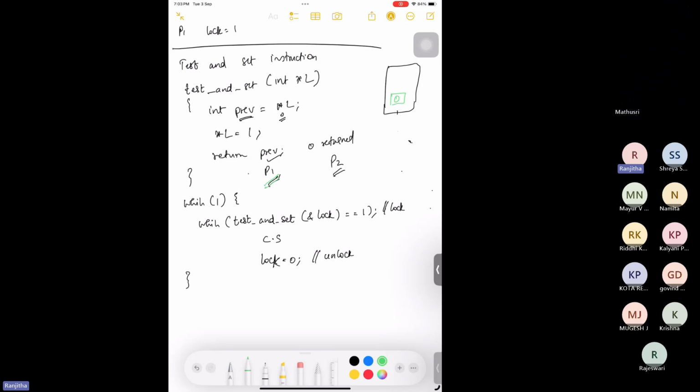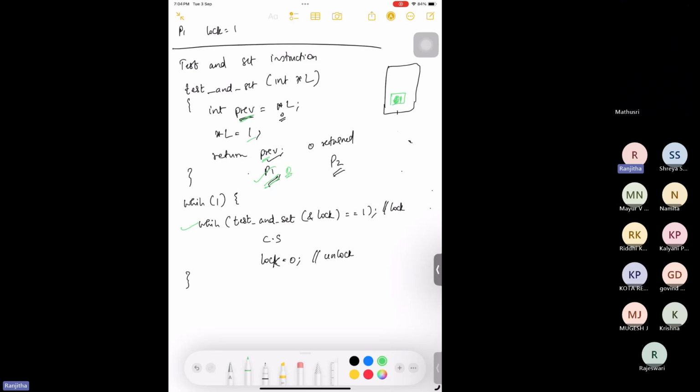Now P1 has called. So what will happen? What is the value in this memory location? The initial value 0 will be copied to previous. Then L will be set to 1 and then previous will be returned. That is 0 will be returned. So this will be set to 1 and when P1 calls it, 0 will be returned.